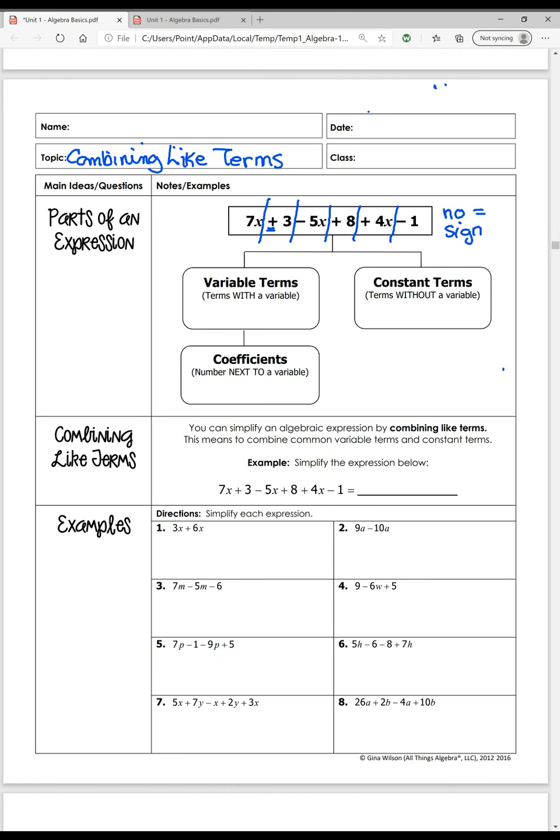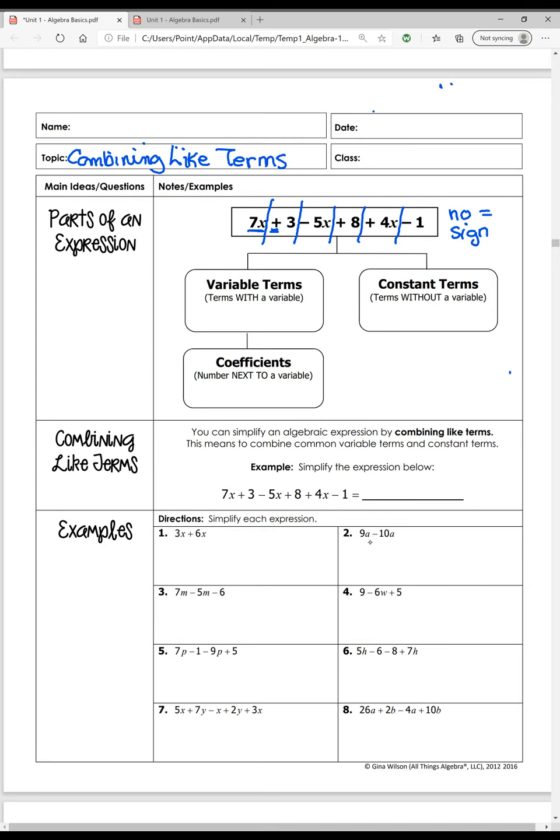So when I look at it, this expression has 1, 2, 3, 4, 5, 6 terms. In front of 7x, we have an invisible positive term. So the kinds of terms that we have are terms with a variable, and the variables are the letters. In this case, we're using x.